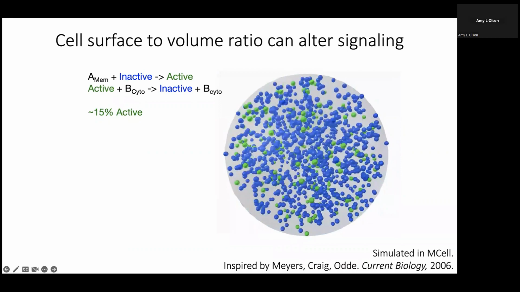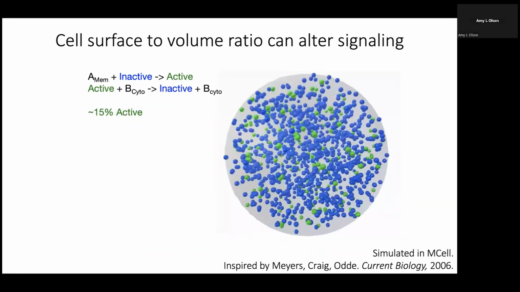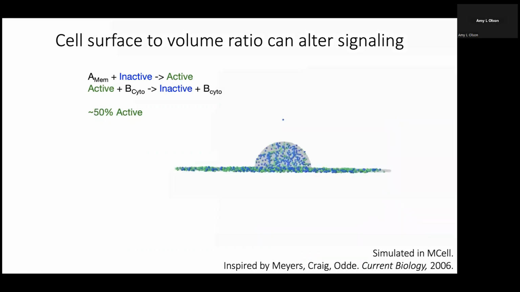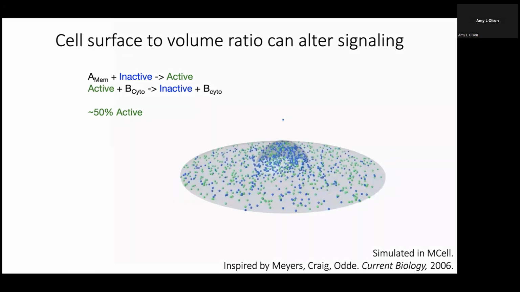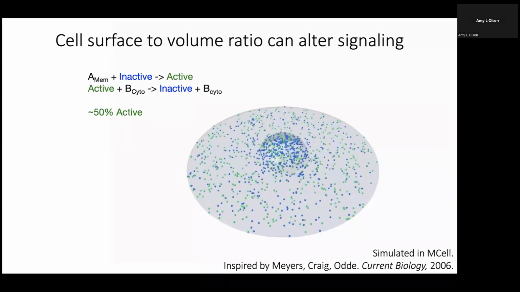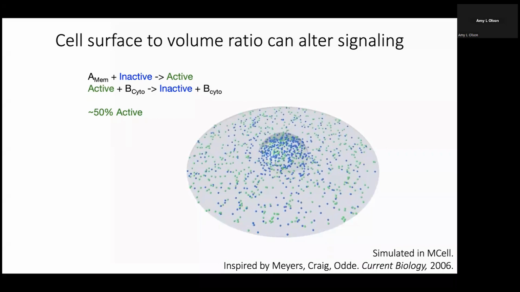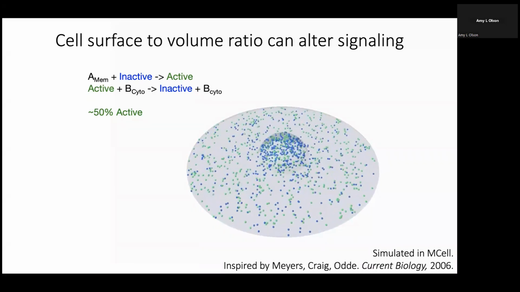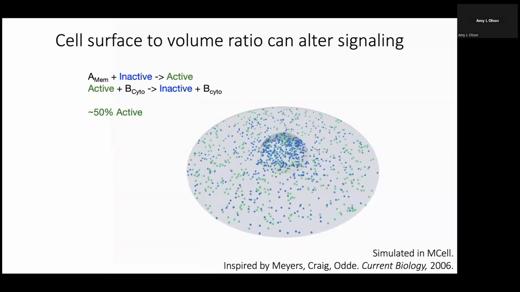And if we take this same reaction and put it inside a fried egg sort of morphology, which is the morphology the cells adopt if you let them fall onto a flat surface, we see that suddenly 50% of the molecules are active, right?